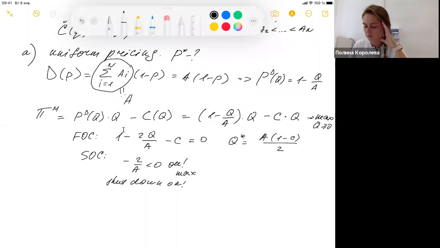Because we have marginal cost equal to average variable cost equal to C, the price is always greater or equal than average variable cost.